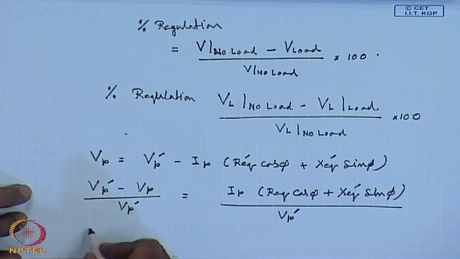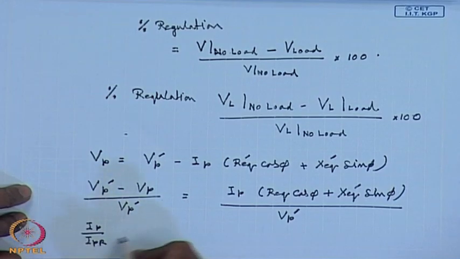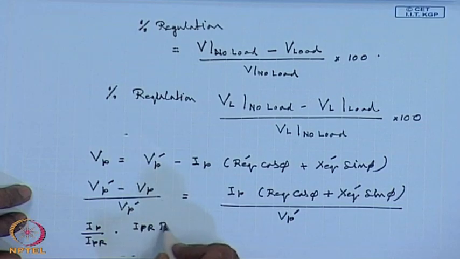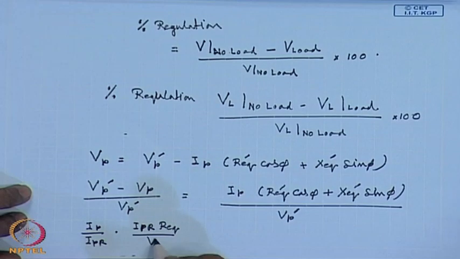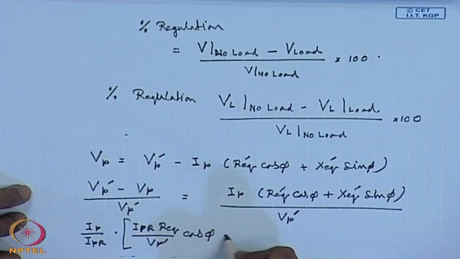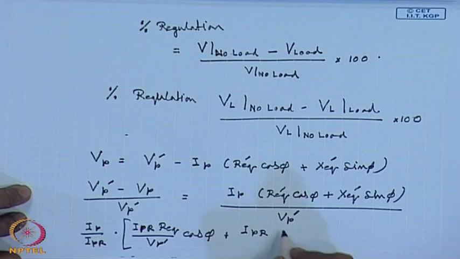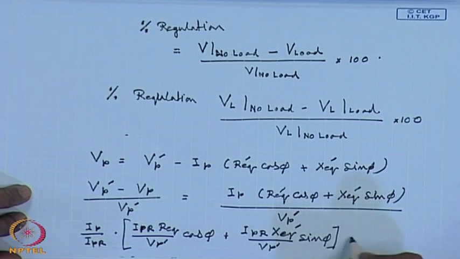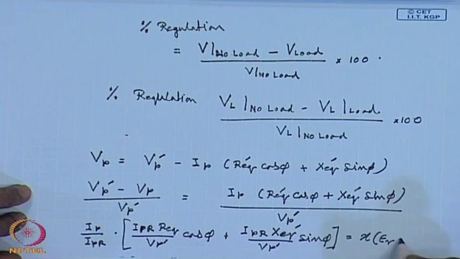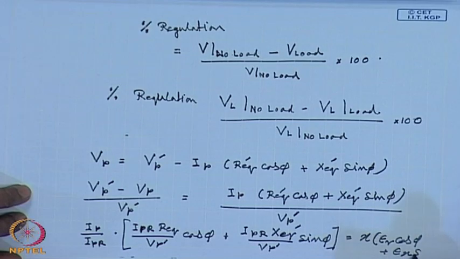which can be written as I p by I p rated into I p rated R e q dash by V p dash cos phi plus I p rated x e q dash by V p dash sin phi, which will be equal to x into epsilon r cos phi plus epsilon x sin phi, where epsilon r is the per unit series resistance of the 3-phase transformer, epsilon x is the per unit series reactance of the 3-phase transformer, and x is the percentage loading.